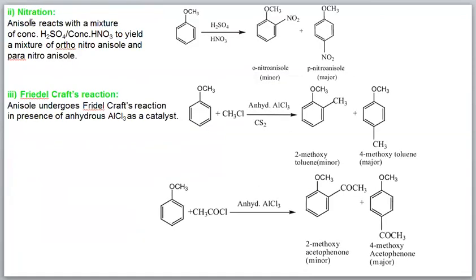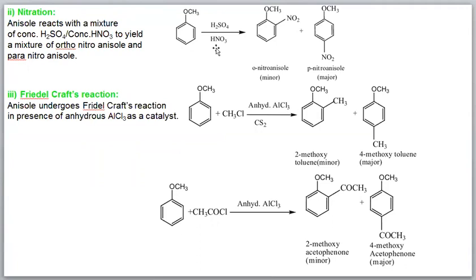Then nitration. Anisole reacts with a mixture of concentrated nitric acid and concentrated sulfuric acid to yield a mixture of ortho-nitroanisole and para-nitroanisole. Anisole reacts with the nitrating mixture.